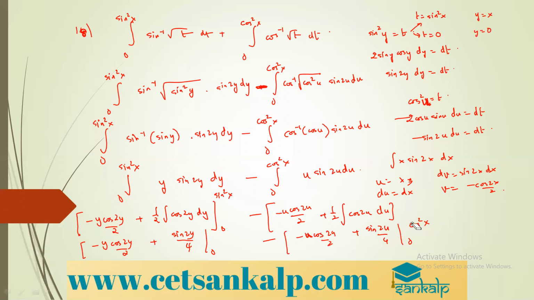To make it simple, here itself for y I will change the bounds 0 to x. Similarly for cos, when t is cos square x, u will be equal to x, and when t is 0, u will be equal to pi by 2. So you have pi by 2 to x, the bounds. Directly I will put x.